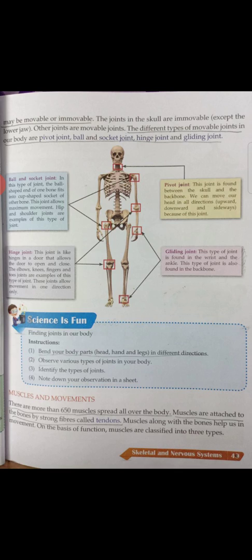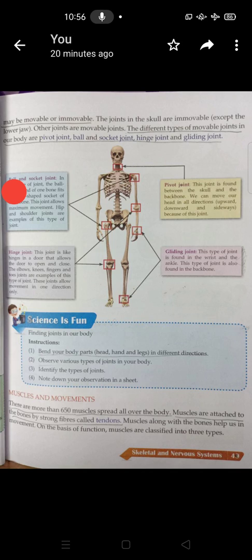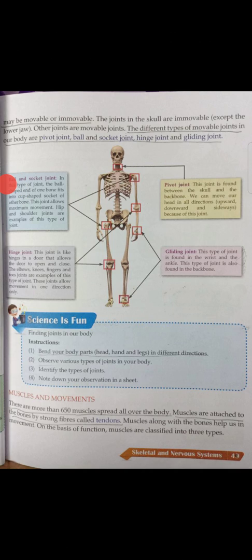So let's see what all the joints in our body are. The different types of mobile joints in our body are: first one, pivot joint, ball and socket joint, hinge joint, gliding joint. Underline that, dear children. P-I-V-O-T, pivot, ball and socket, S-O-C-K-E-T, socket, H-I-N-G-E, hinge, G-L-I-D-I-N-G, gliding.